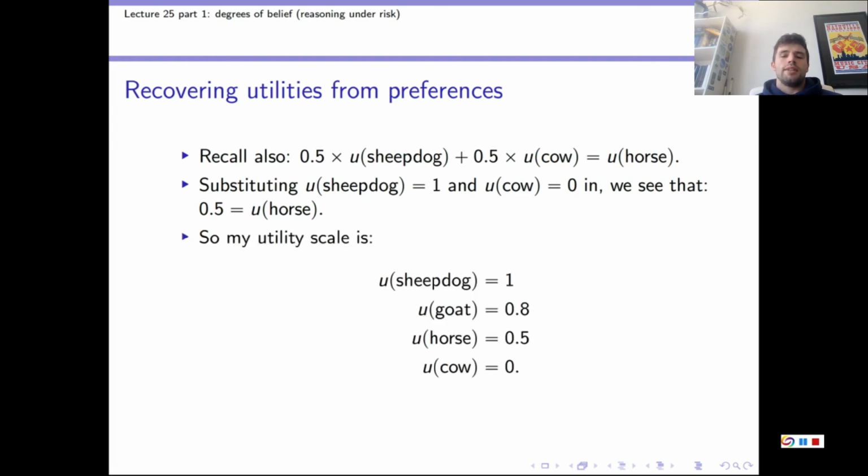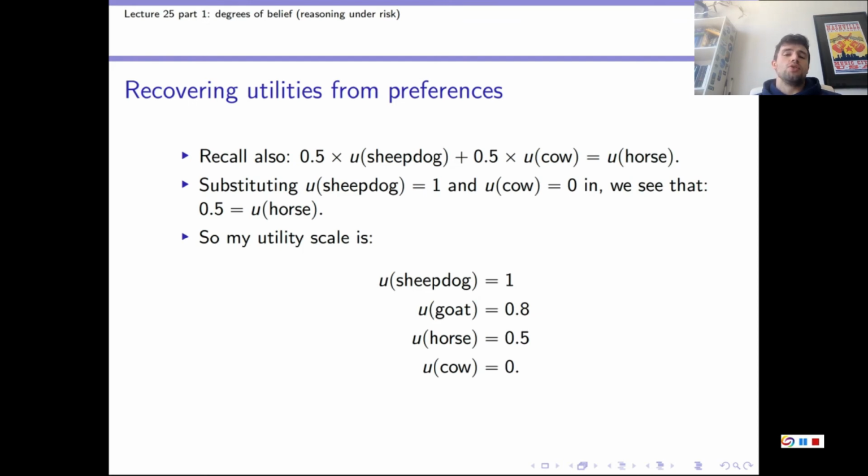So, put all that together, my utility scale is this. U of sheepdog is 1, U of goat is 0.8, U of horse is 0.5, and U of cow is 0. So this is what Objective 2 focused on way back at the beginning. We've used the first representation theorem to recover my utilities from my preferences about lotteries.